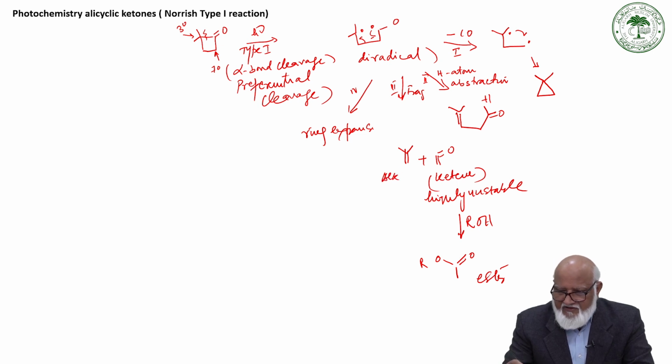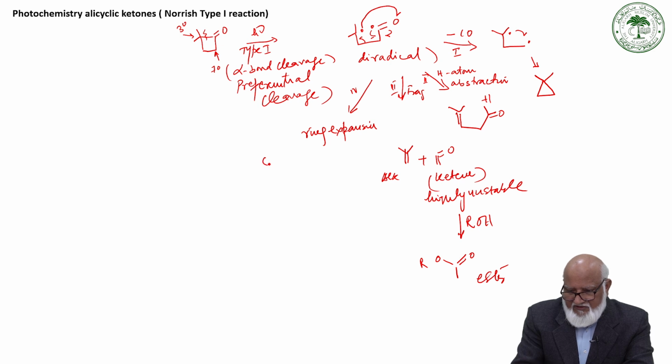The ring expansion product is also very important, because from a 4-membered ring it is going to give a 5-membered oxygen containing heterocycle. This is an extremely important product as far as the photochemistry of alicyclic ketones is concerned. One of these radicals attacks here, and then this will go like this, so now it is part of a cyclic system.